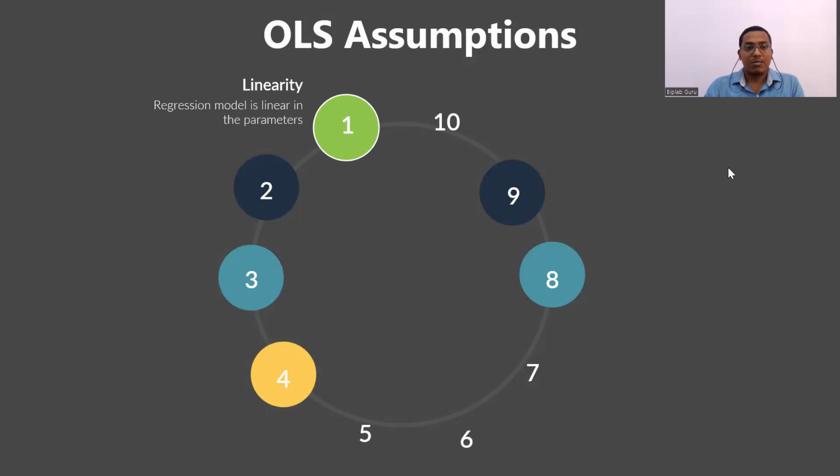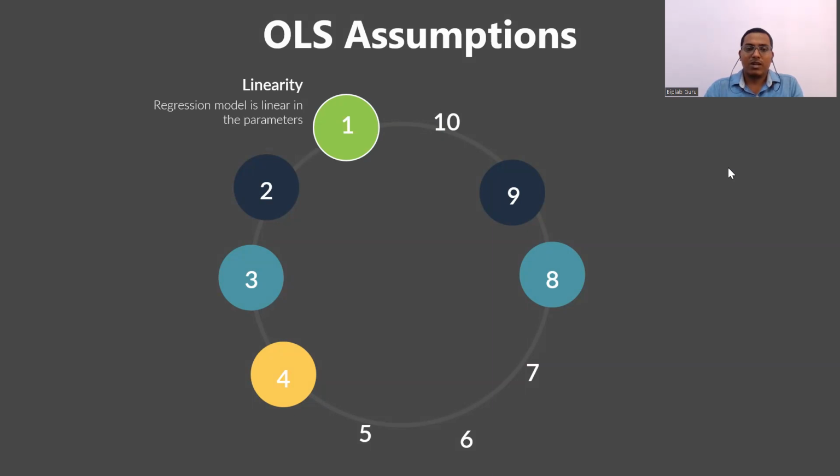So the OLS assumptions are, first assumption, that the regression model is linear in the parameters, which we have already written in this example. Likewise, it depends on whether it is a multiple regression or a simple regression.